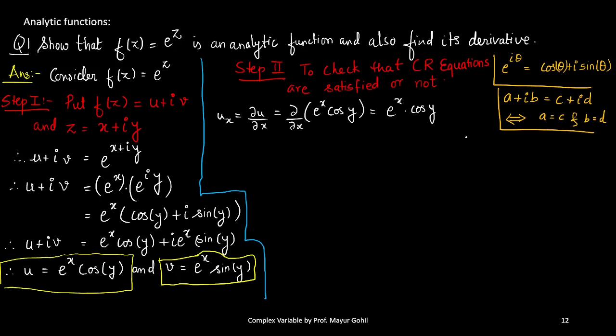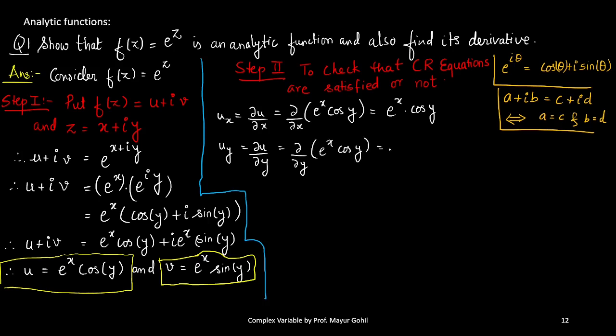Now when we have u_x, we calculate u_y. u_y is the partial derivative with respect to y of e to the power x cos y.